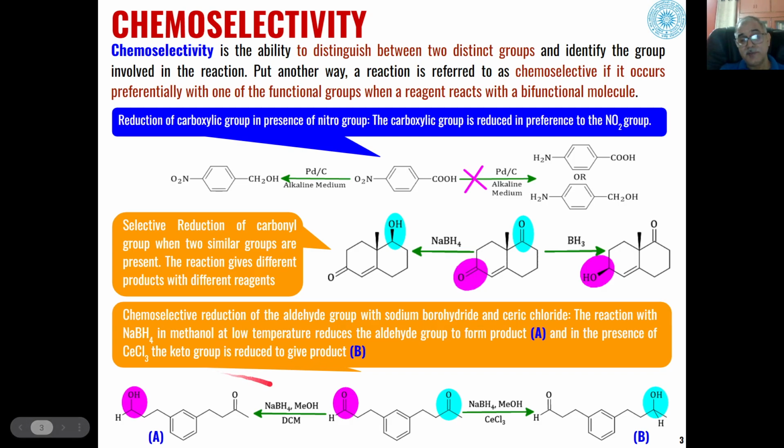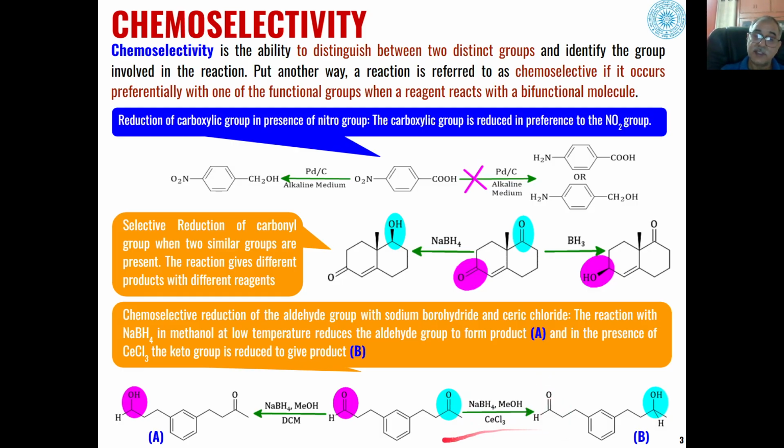Similarly, if we have this type of compound, it again has two carbonyl groups, but one carbonyl is an aldehydic carbonyl and the other is a ketonic carbonyl. If the reduction of this carbonyl compound is done with sodium borohydride in methanol in the presence of CeCl3, then reduction of the ketone will take place and the aldehydic group is not affected.